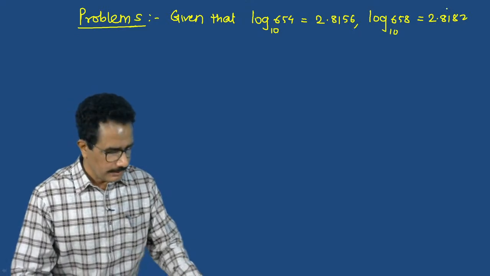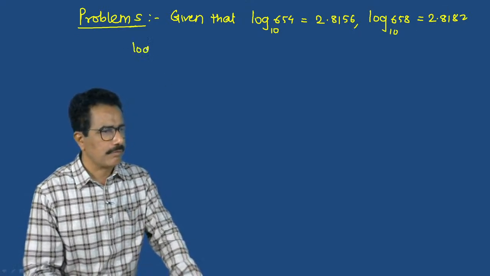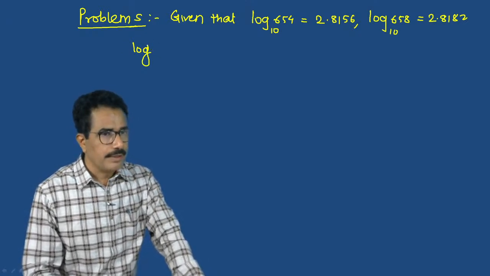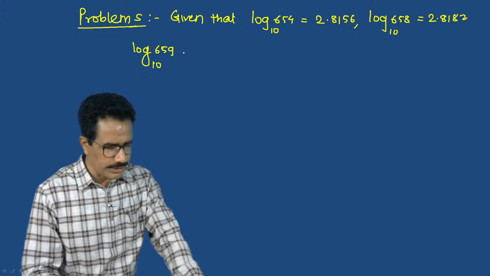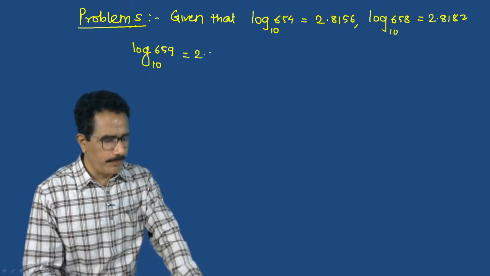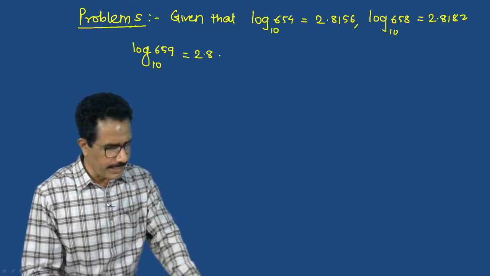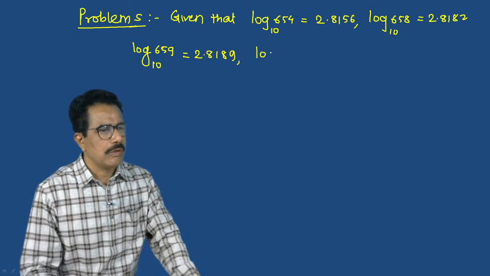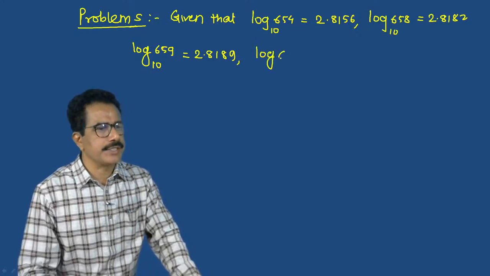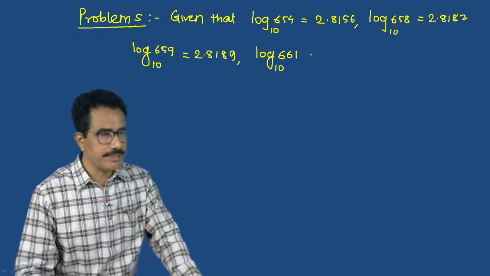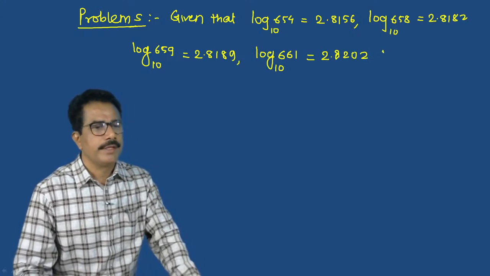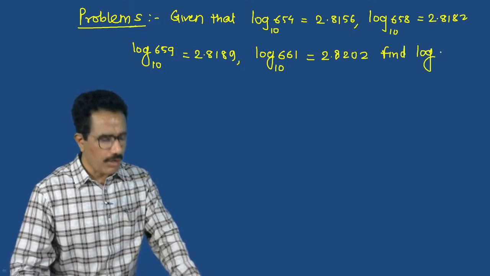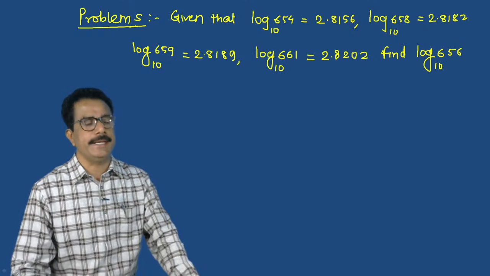We have given third, log of 659 to the base 10 is equal to 2.8189, log of 661 to the base 10 is given by 2.8202. Then find log of 656 to the base 10.